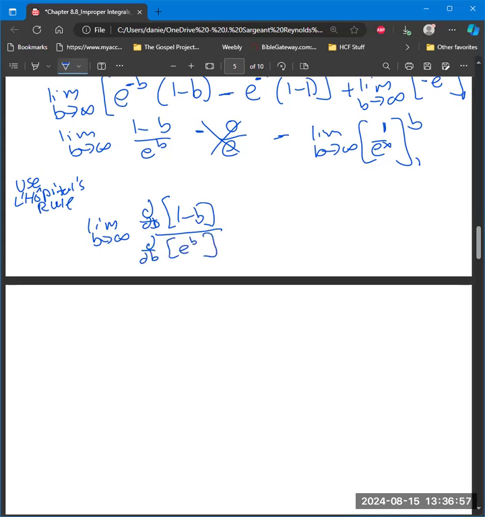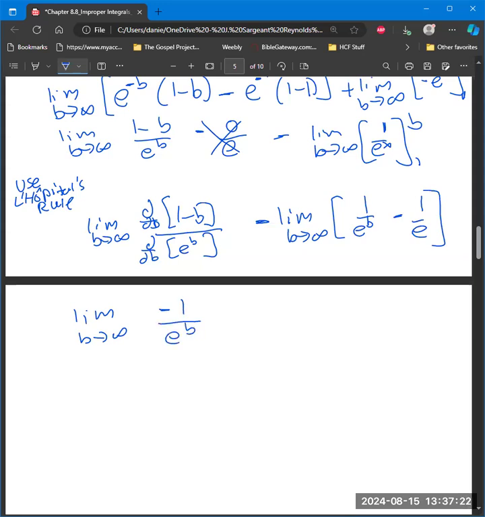And then this is minus limit as b goes to infinity of 1 over e to the b minus 1 over e, like so. So when I take this derivative, that's negative 1, and this derivative is e to the b.